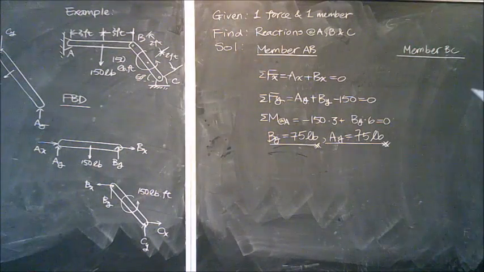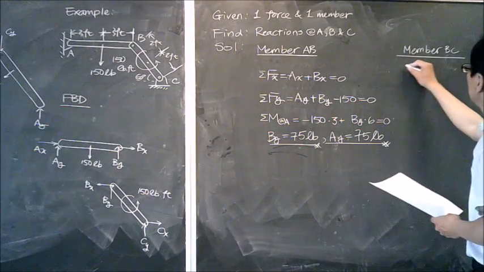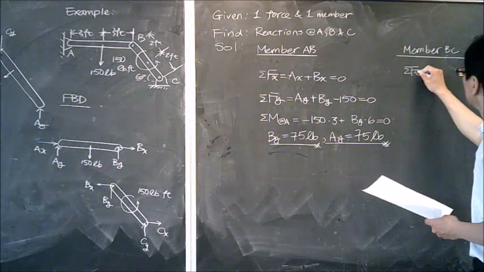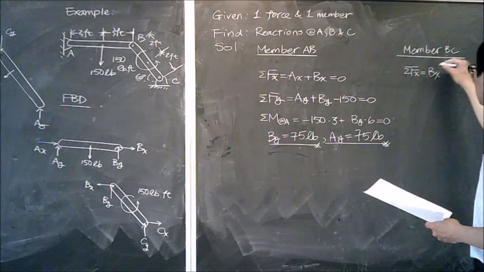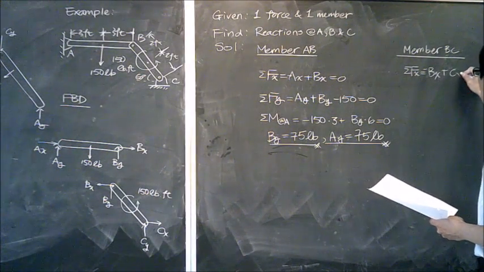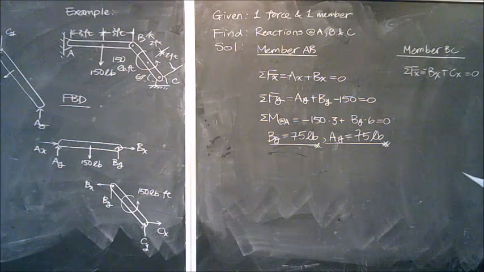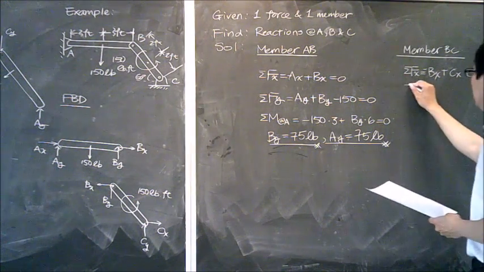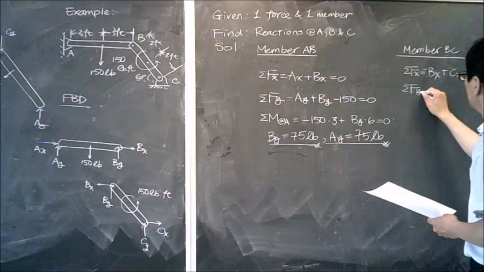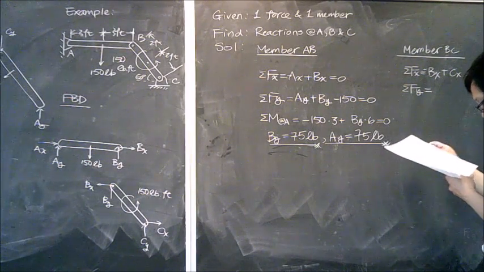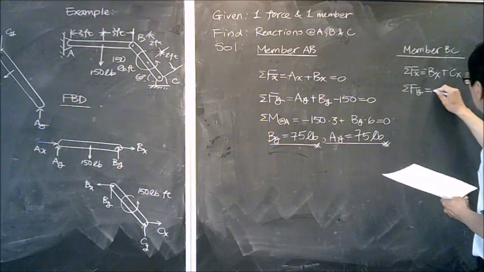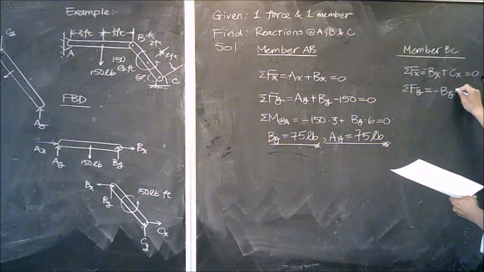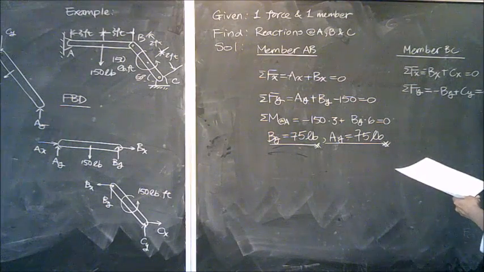So if I do member BC, Bx is going to be in the negative direction, Cx is going to be in the positive direction, and they must equal 0 when we combine them together. And Fy is going to be negative By plus Cy equals 0.